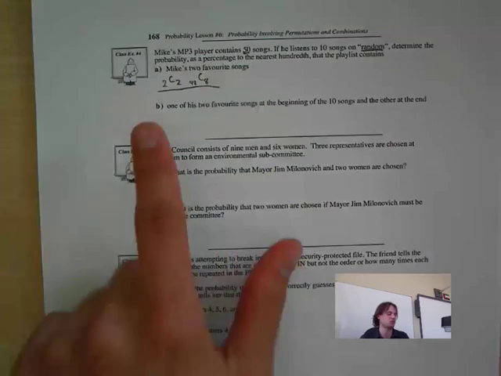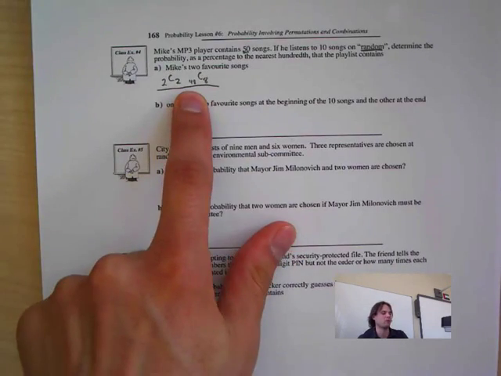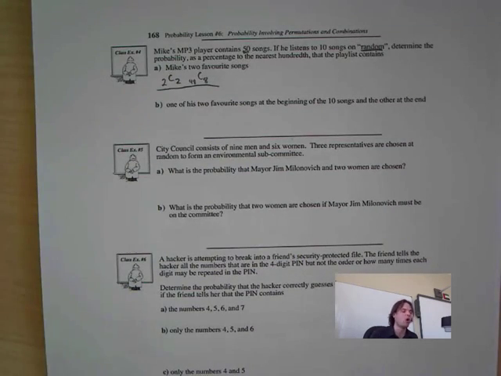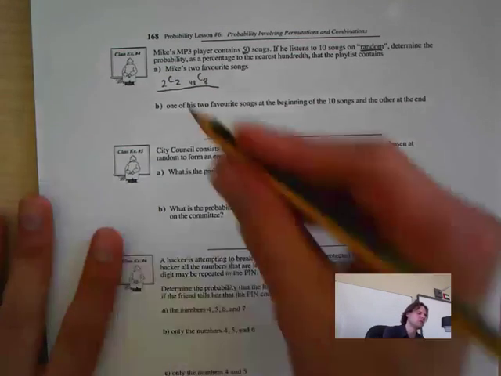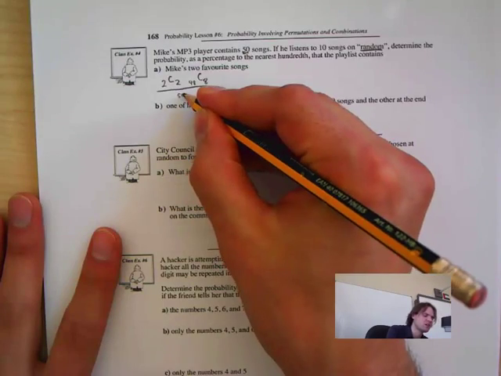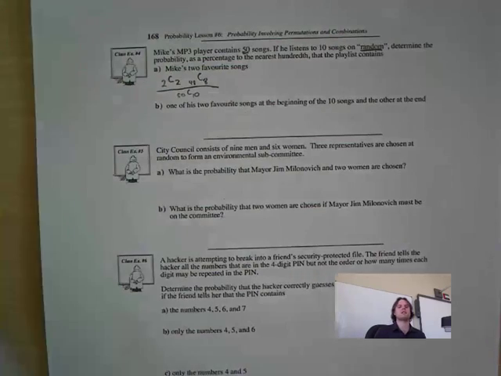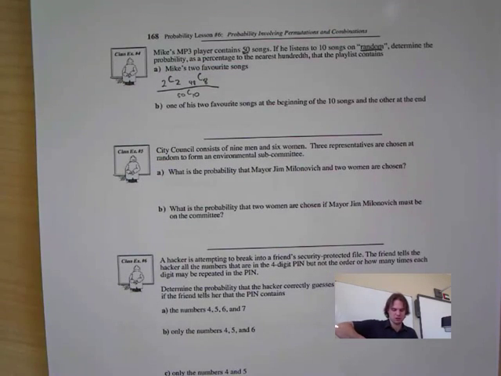So it's a combination. So it's 2 combination 2 multiplied by 48 combination 8. That's the wanted. Now all total possibilities is out of 50 songs, he has a combination of 10. So when we calculate that together, I'll just quickly do that on the calculator here.